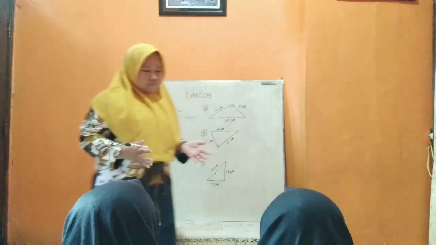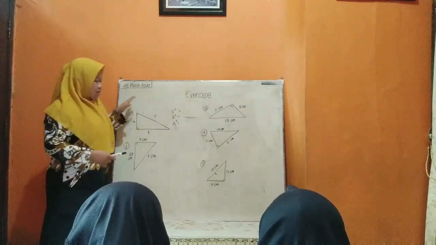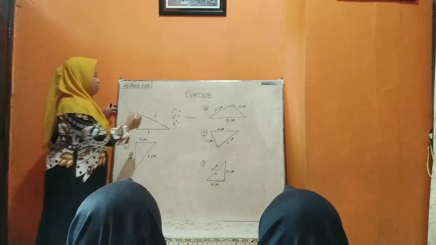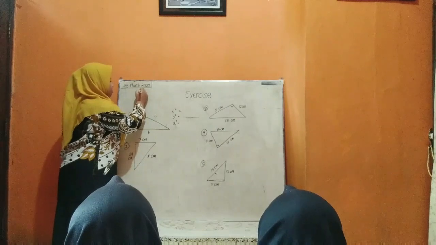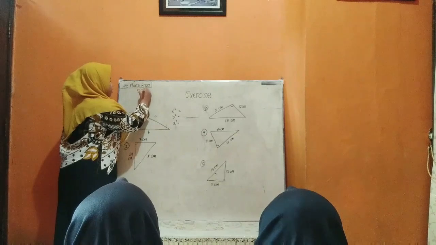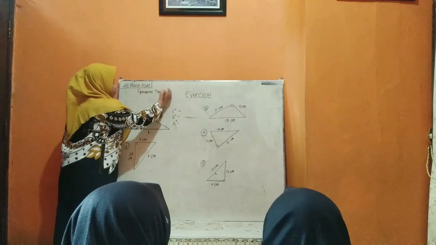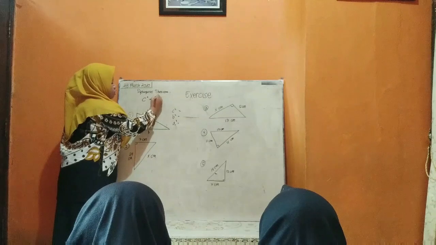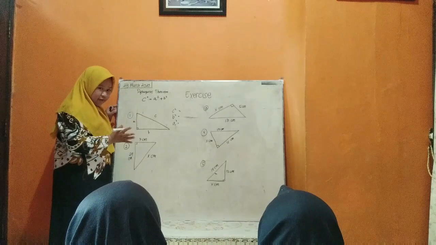Time's up. Okay. This exercise, there are 5 questions. We know that the Pythagoras theorem says that c square is equal to a square plus b square, right? Right.